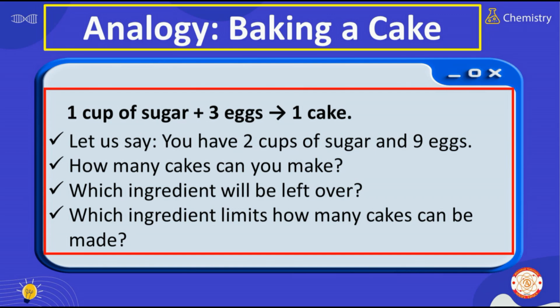So sugar is the limiting reactant because it limits how many cakes you can make. And eggs are the excess reactant because there is more than enough of them.